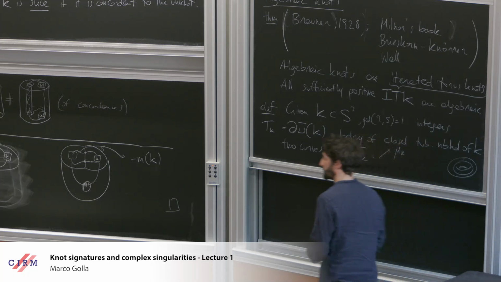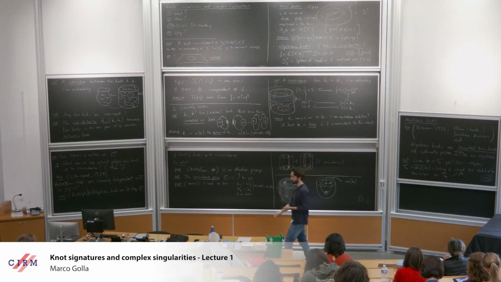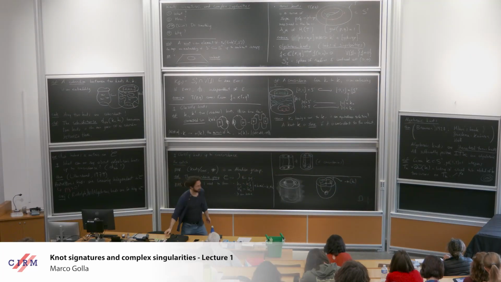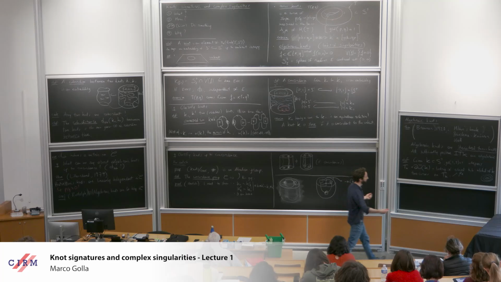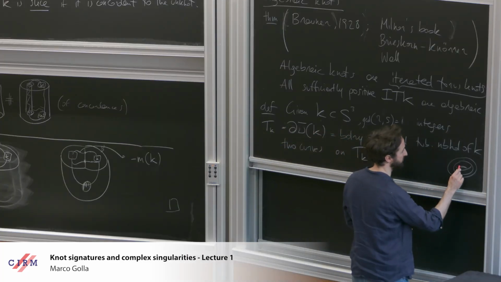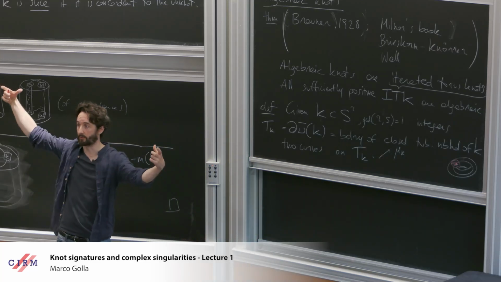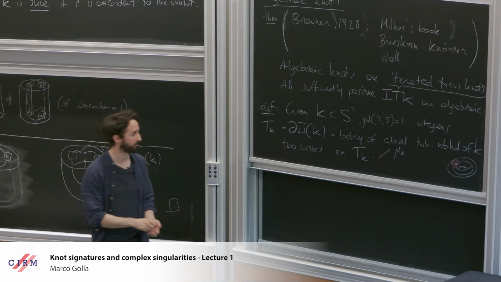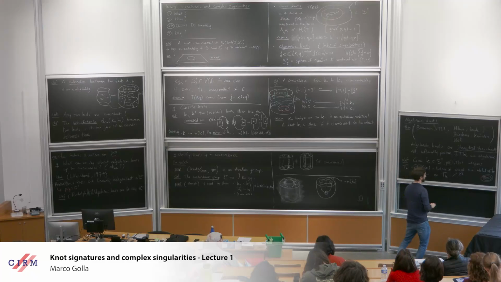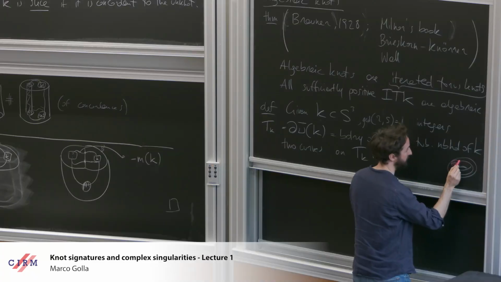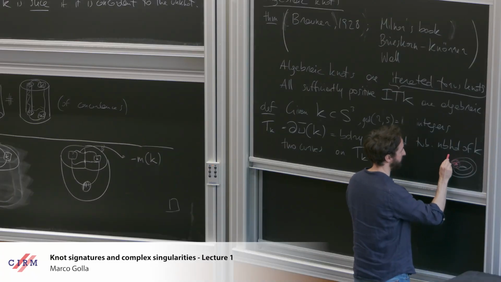In this solid torus, I have a disk that meets K. Well, I have infinitely many, but they're all isotopic. There's a disk that meets K at one point, and that goes all the way out to the boundary. This is called the meridian disk. And the boundary of this curve, I'm going to call the meridian of K.